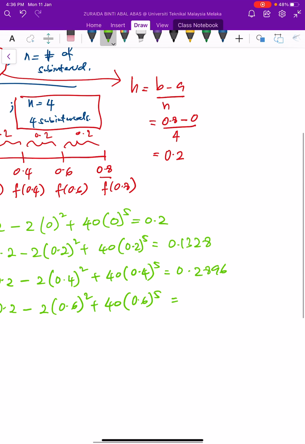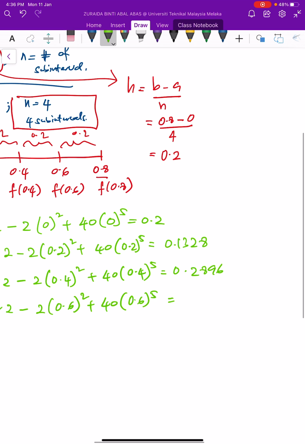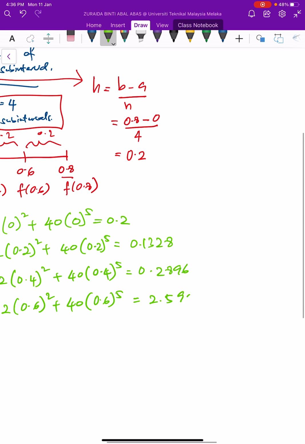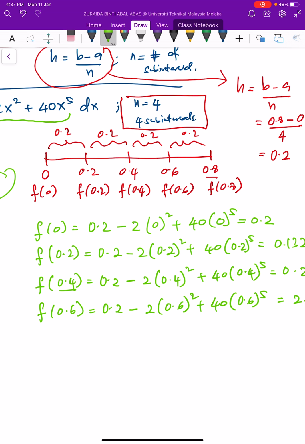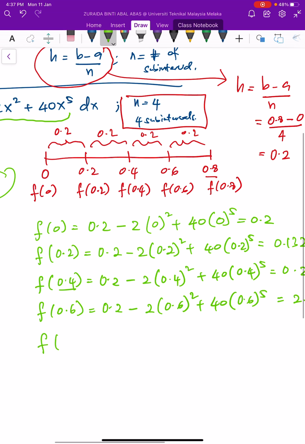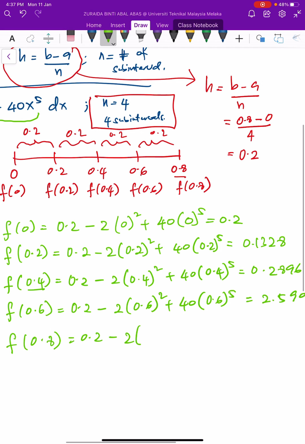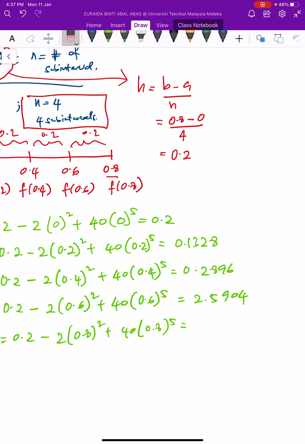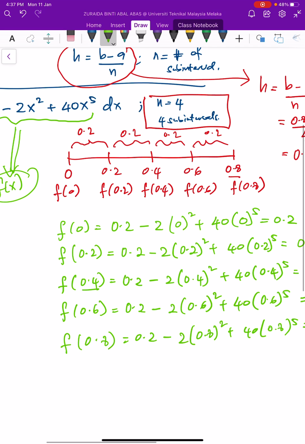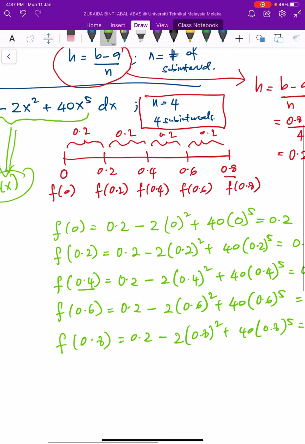So that will give you 2.5904. And then you'll have f(0.8), which is 0.2 minus 2, and then you just plug in 0.8 plus 40 times 0.8 to the power of 5. So that will give you 12.0272.